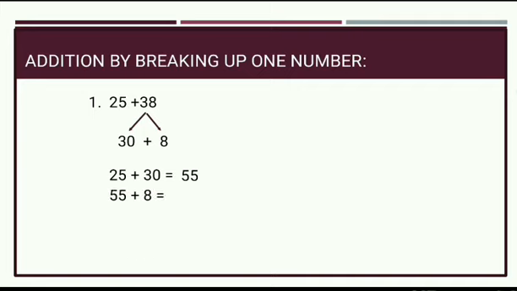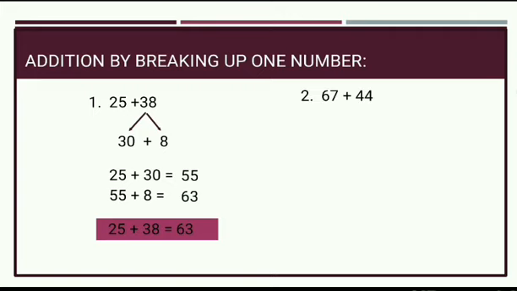So when I added 55 to 8, I got 63. So finally, what is my answer? When I added 25 to 38, I got 63. So instead of adding the numbers like this, I broke down one of the numbers, and it was easier for me to do the addition.